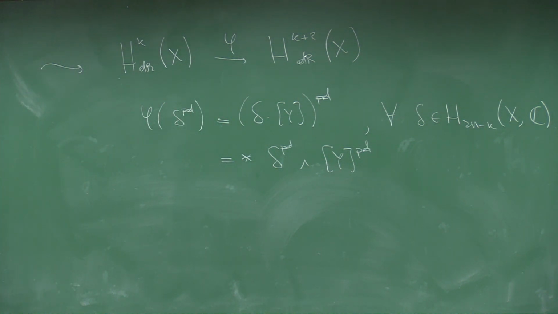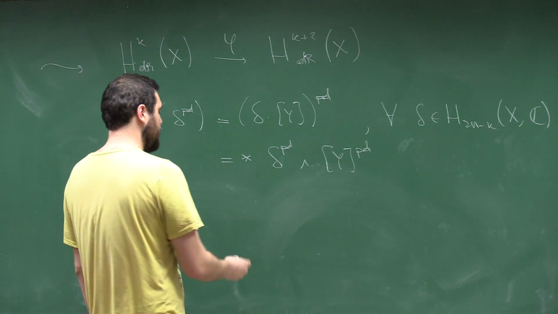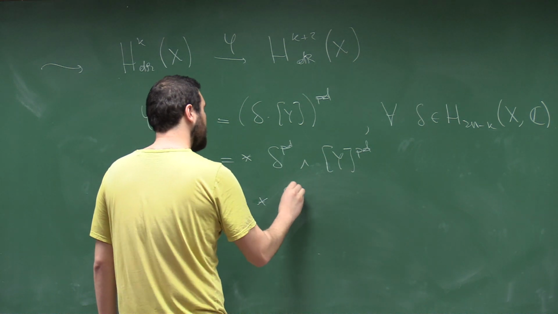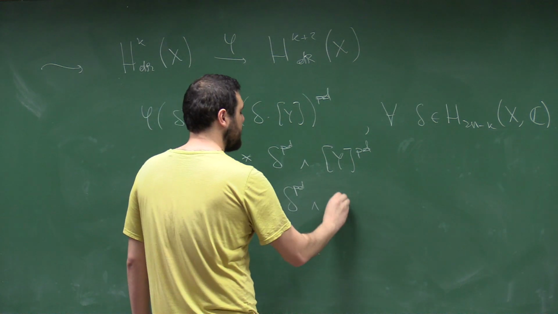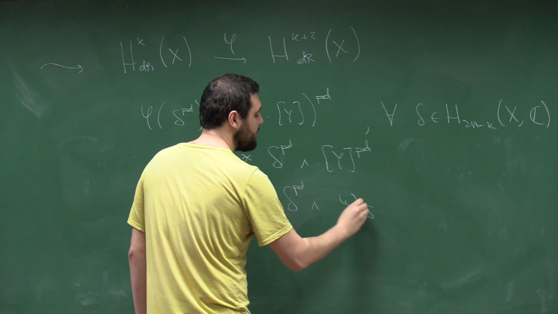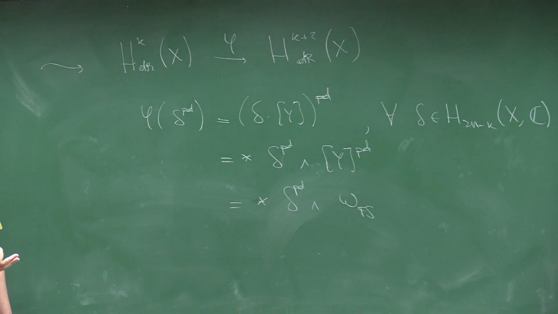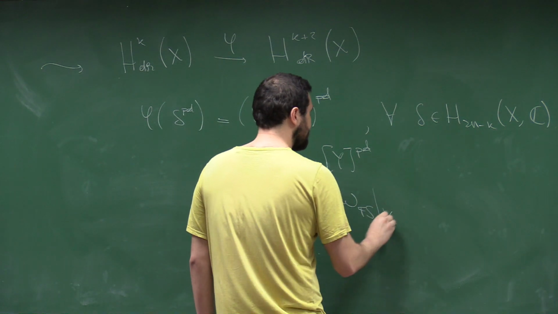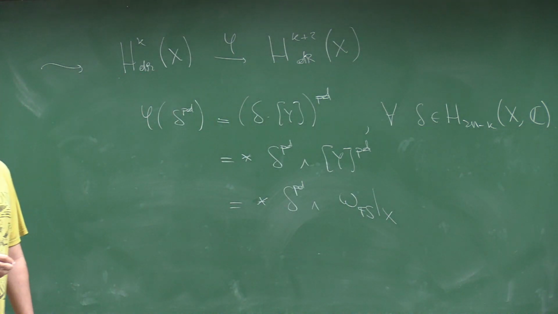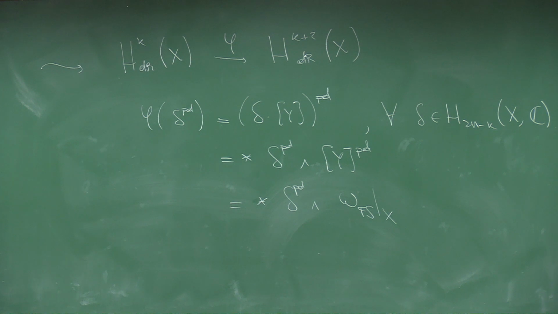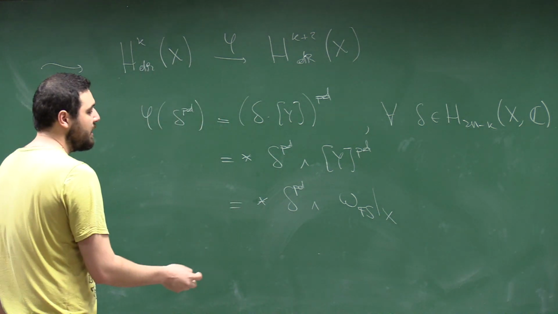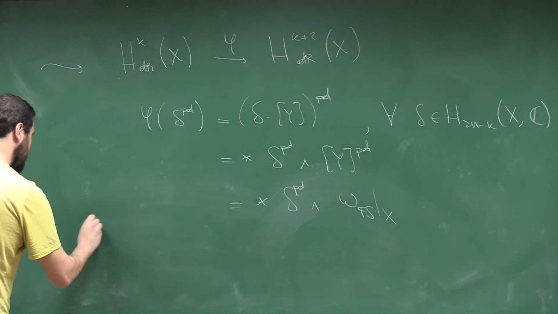And what is the Poincaré dual of y? It should be something times omega, the Fubini–Study form of the ambient projective space, restricted to x. Why is that true? It's just because y is the intersection.